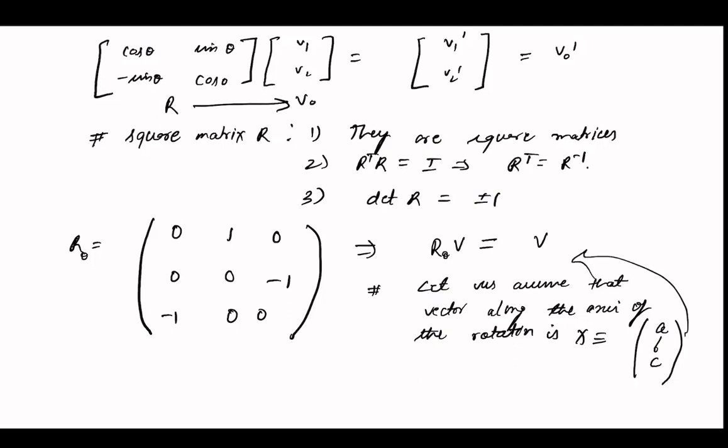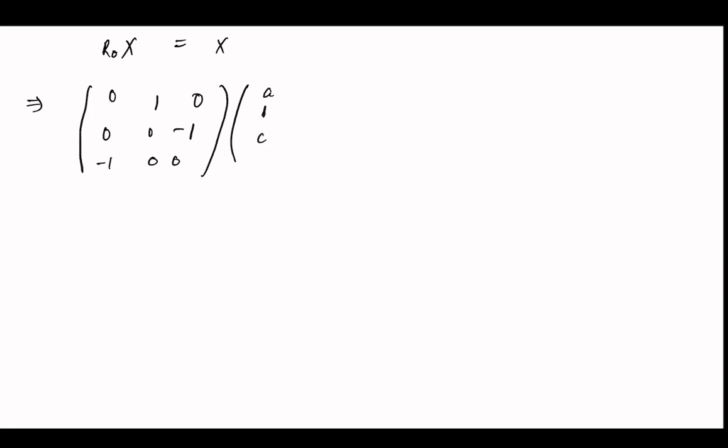Therefore, we can write R theta times x is equal to x. This is equation 1. So we will write 0 1 0, 0 0 minus 1, minus 1 0 0, acting on this vector which is lying along the axis of rotation. When we solve this matrix equation, we get three equations.